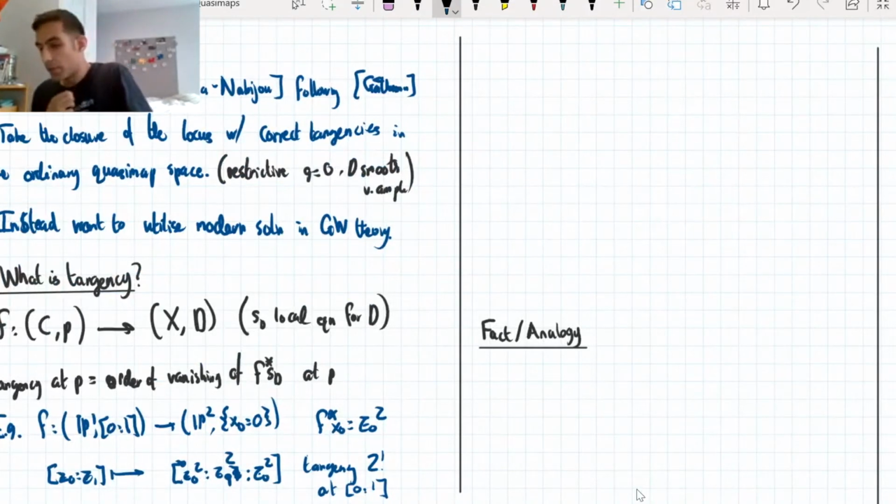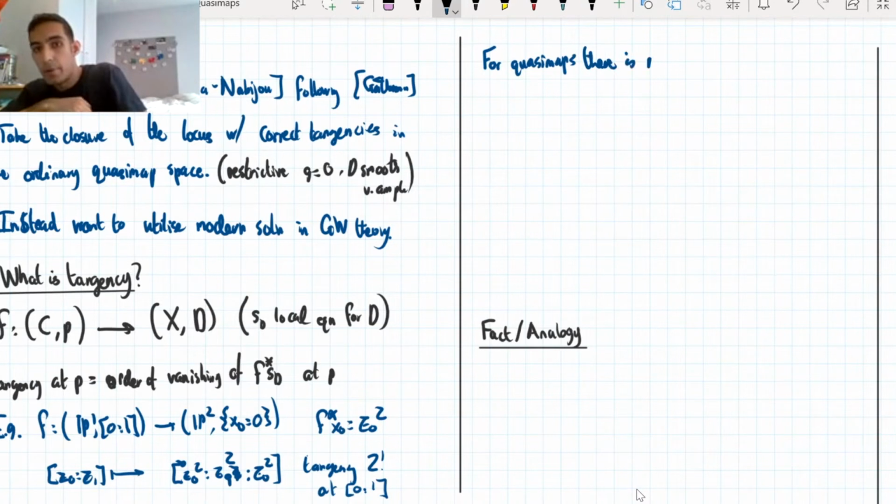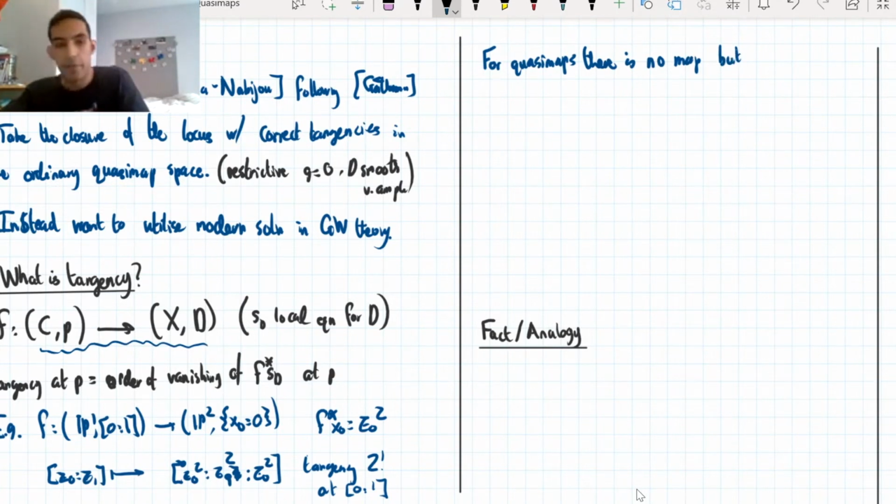So as Robert says, for Quasimaps there's no map like this, but we still have the moral pullback of this equation.